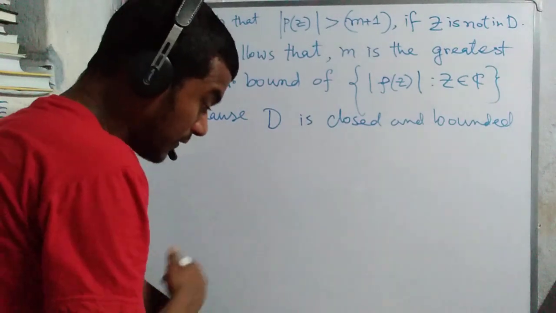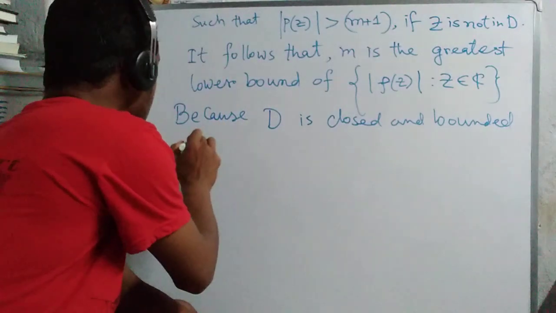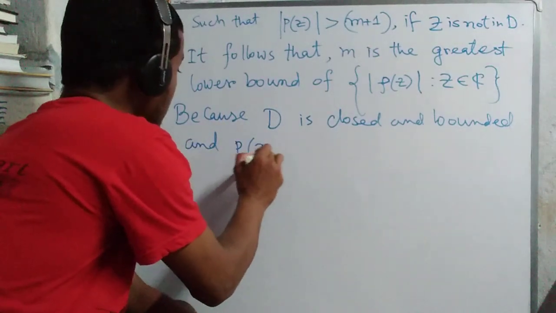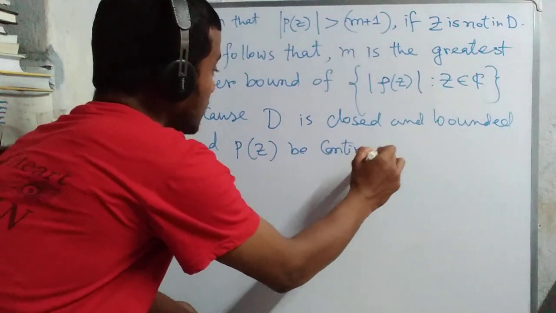So what happened if D is closed and bounded and p(z) is continuous? We know that all polynomial functions are continuous.